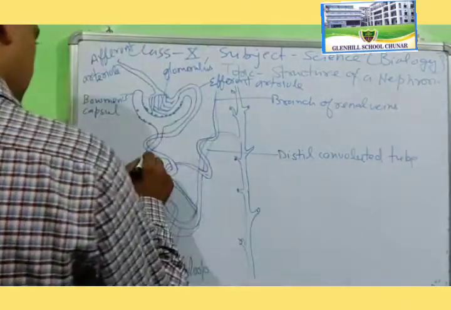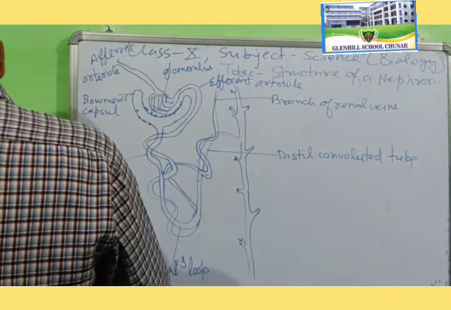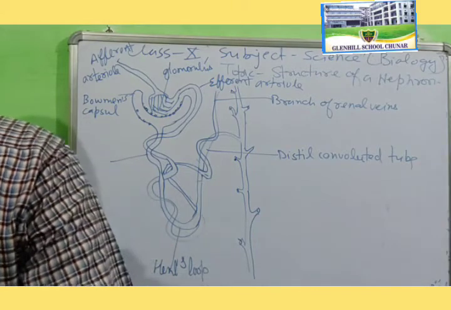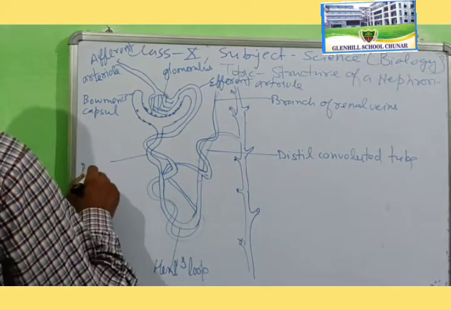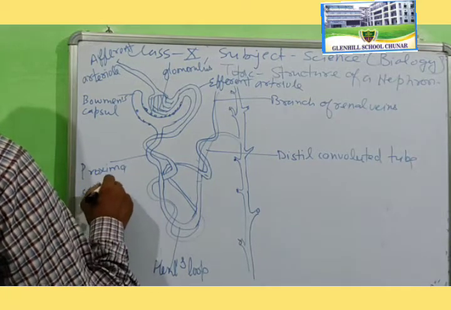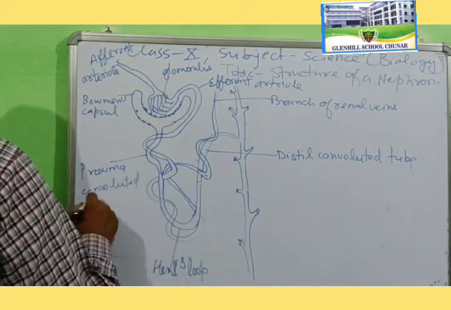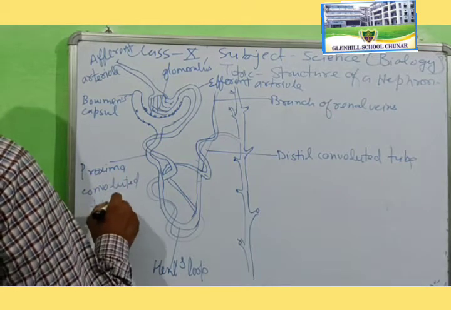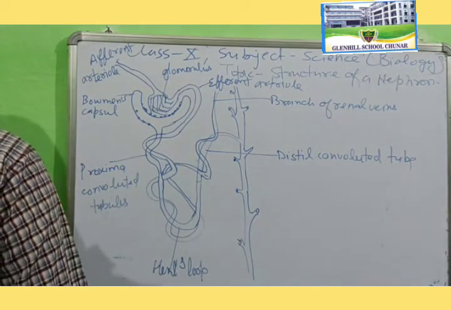And this is the proximal convoluted tubules. Okay.